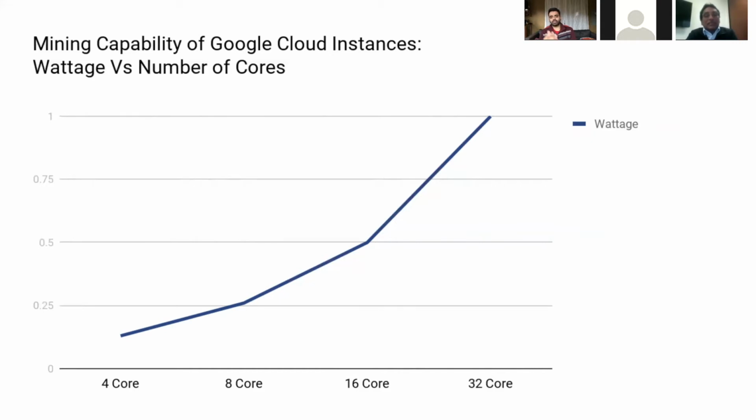The easiest way for us to benchmark all of these is to use existing public cloud infrastructure. And that's what we've done here, and establish what the maximum wattage availability is for each type of node. So 4 core, 8 core, 16 core, and 32 core. And at 32 core, it's getting a wattage of 1, which is a little bit non-linear in terms of how 8 cores and 16 cores deal with multi-threading. That's what Ram was talking about here.